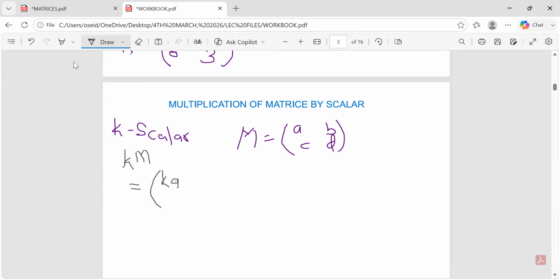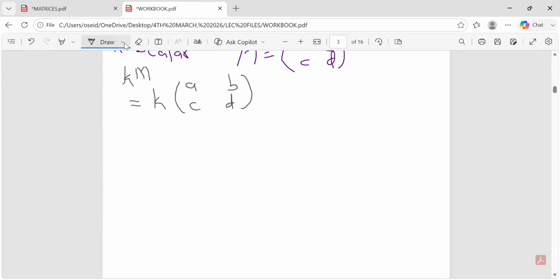So let's expand it first. I'm going to get K by A, C, B, and D. So we are going to get Km to be equal to Ka, Kc, because K times A will give you Ka, K times C will give you Kc, and K times B will give you what?